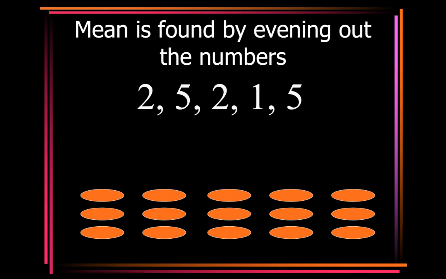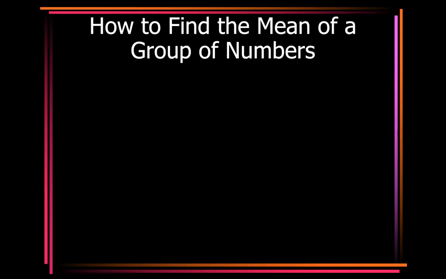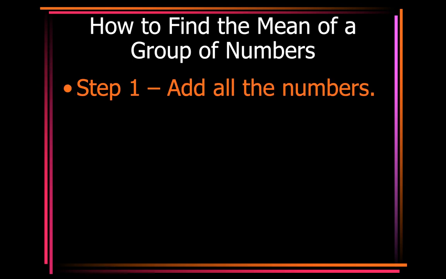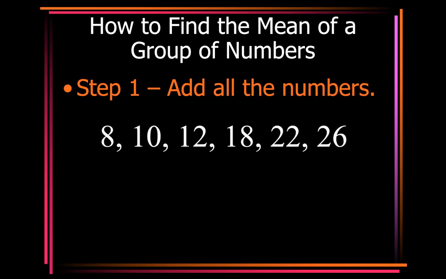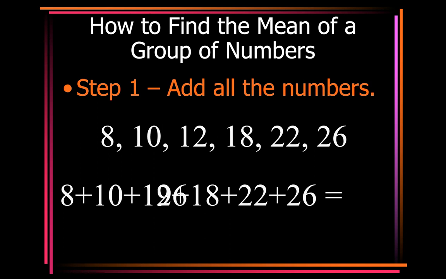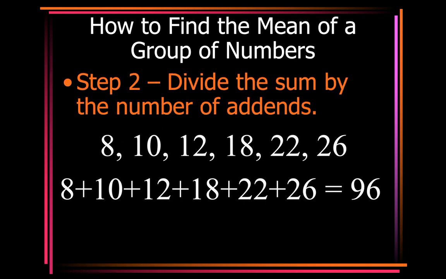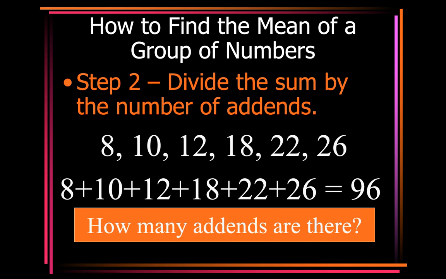So again, how do you find the mean? Step 1, you add up all the numbers. So in this case, I have 8, 10, 12, 18, 22, and 26. If I add them together, I get 96. And then after adding them together, you're going to figure out how many numbers you added together. Well, there's 1, 2, 3, 4, 5, 6.